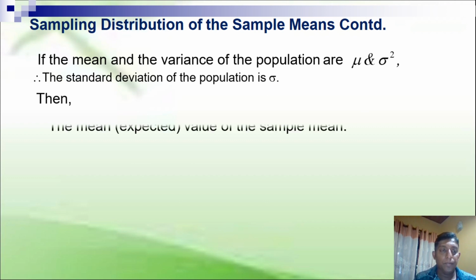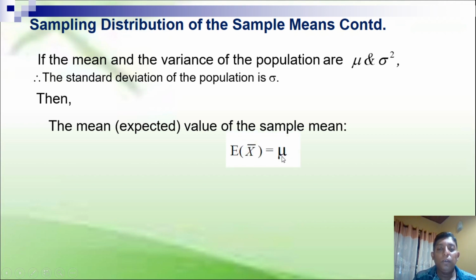Then the mean value of the sample mean, or the expected value of the sample mean, is equal to the population mean mu.